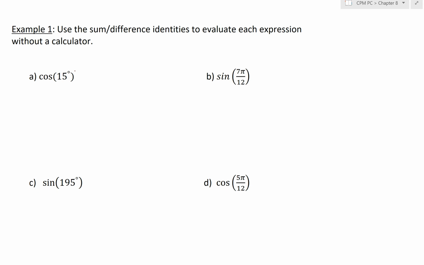But 15 is not a multiple of 30, and we don't have a special right triangle for 15 degrees. But we can write 15 as a difference of two angles. What two angles can we subtract to get 15? 45 and 30. Okay, so this is the same as the cosine of 45 minus 30.